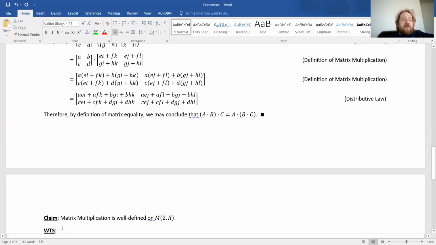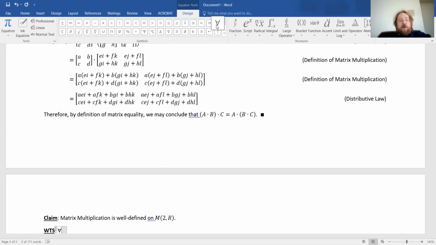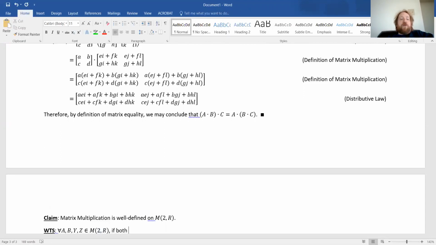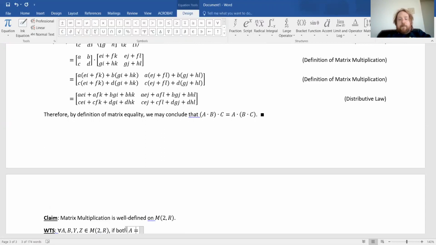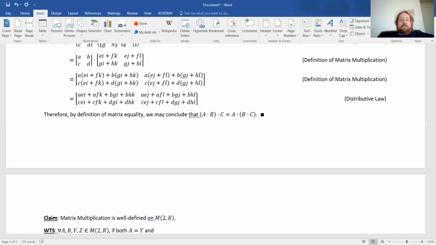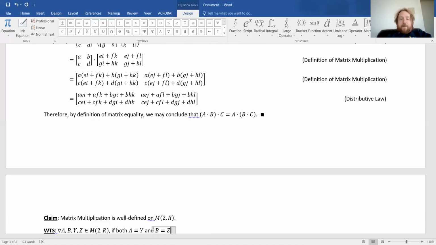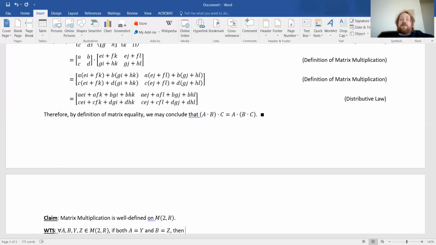So what this is: for all A, B, Y, Z in M2R, if both A equals Y and B equals Z, then A times B is equal to Y times Z.